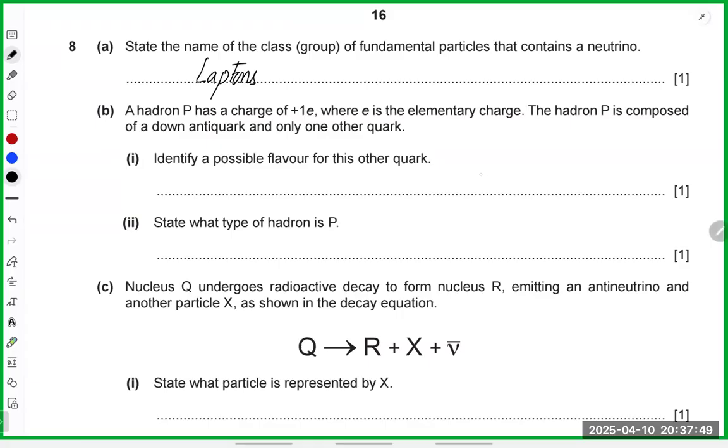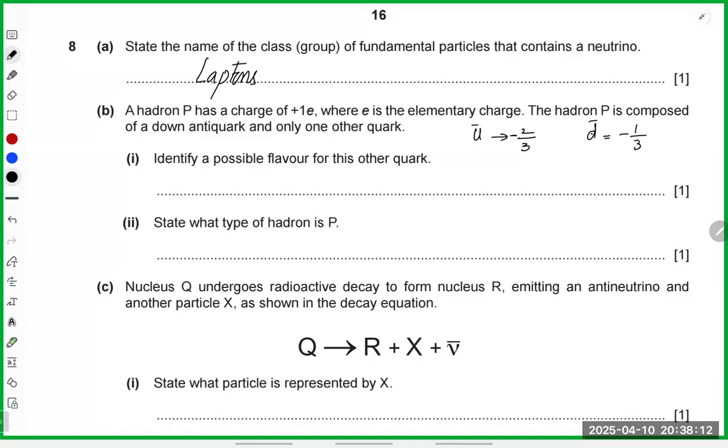Now, what is anti-down? Up quark has a charge of 2 by 3 and down has a charge of minus 1 by 3. What will be anti-up?